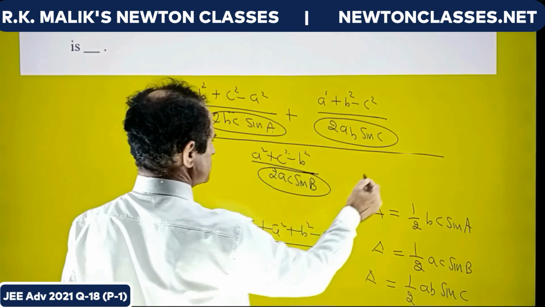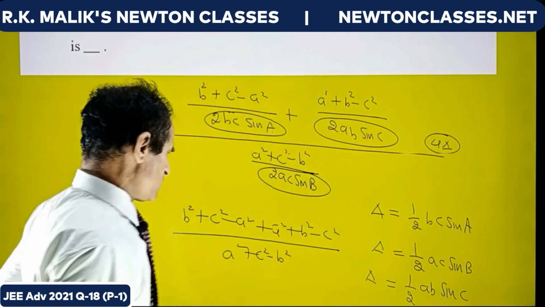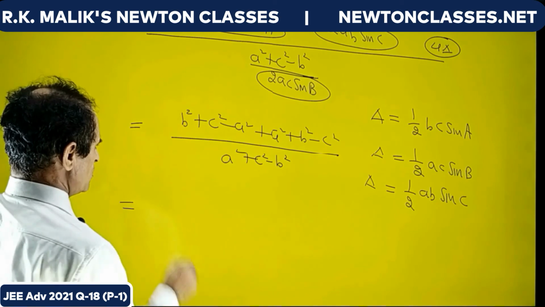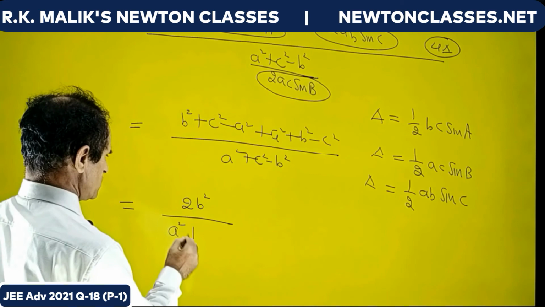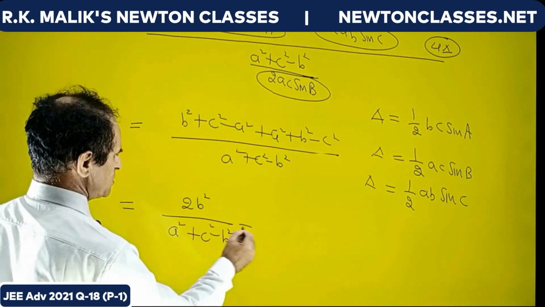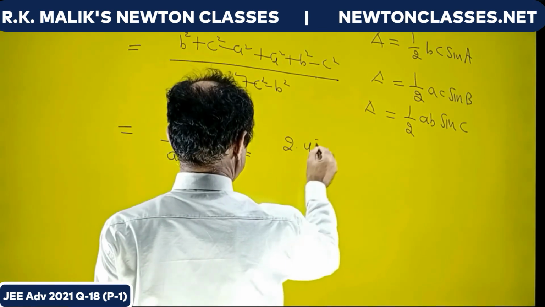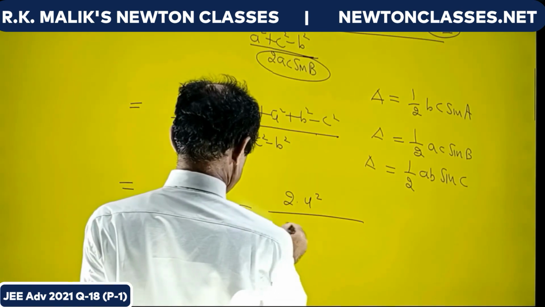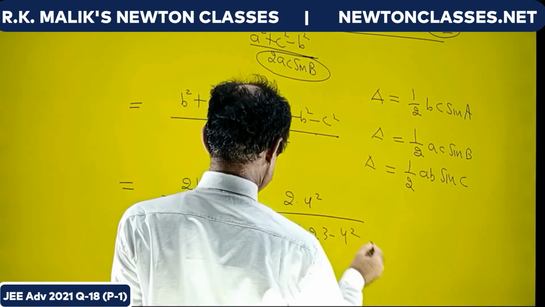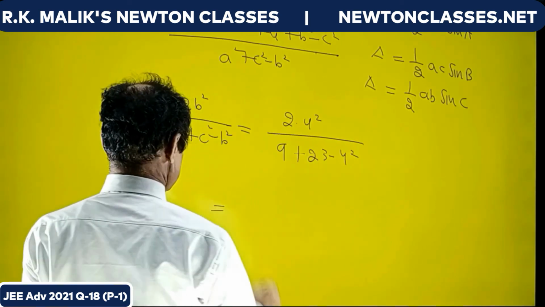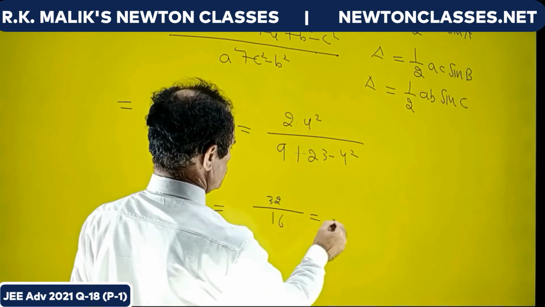Hence each of them is 4 delta, therefore they will get cancelled and we will get this thing, and further 2b square upon a square plus c square minus b square, and further 2 into 4 square upon 9 plus 23 minus 4 square. This is equal to 32 upon 16 equal to 2.